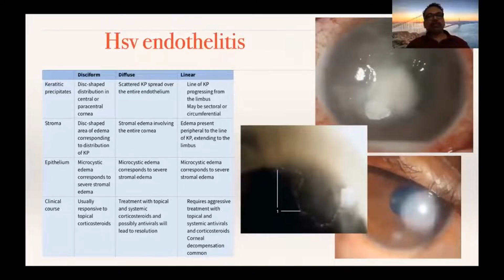The third type is linear endotheliitis, in which a line of KPs progresses from the limbus to the central cornea. It can be either sectorial or circumferential. The edema is always peripheral to the line of KPs, extending to the limbus. This can also happen in post-cataract patients who have previous HSV.